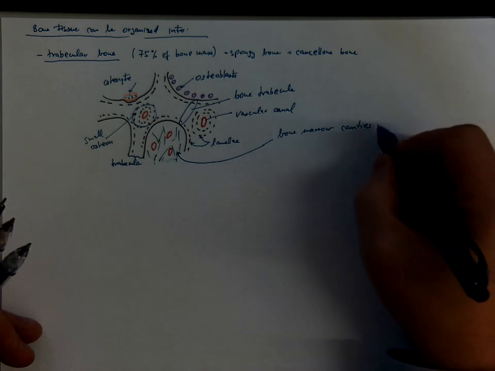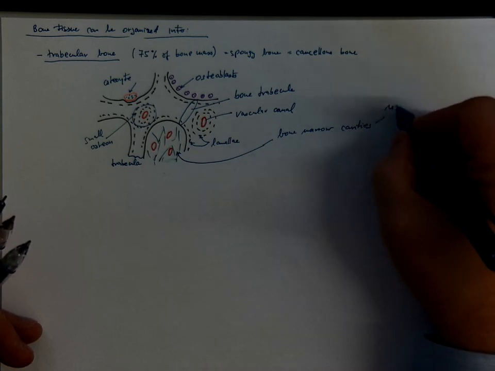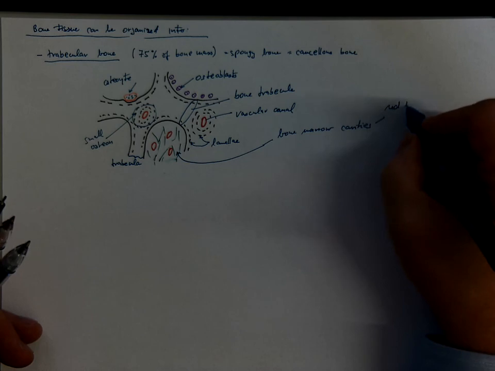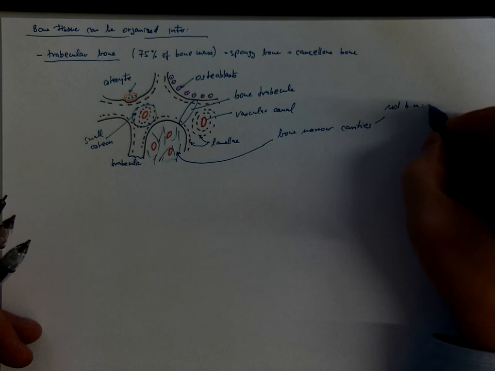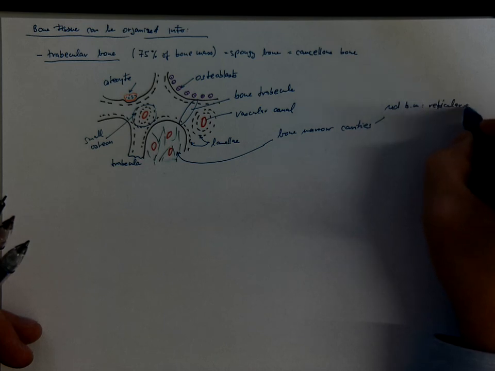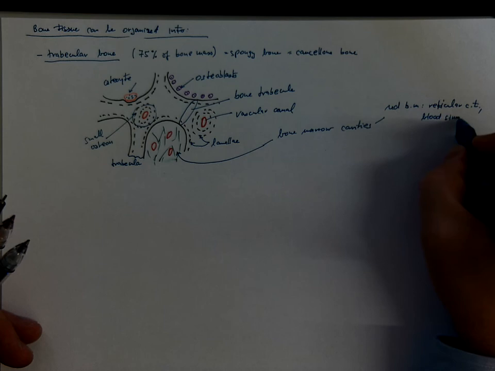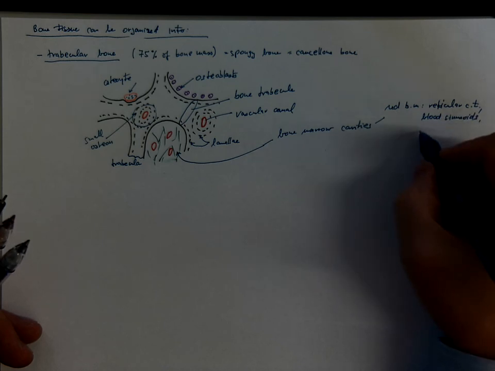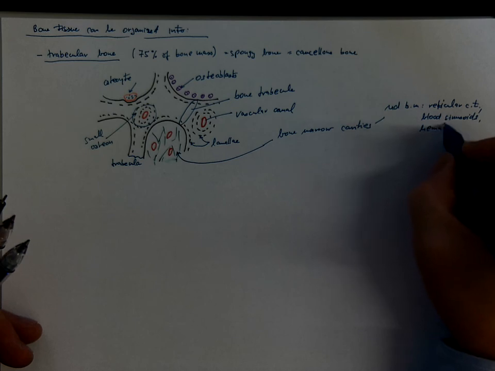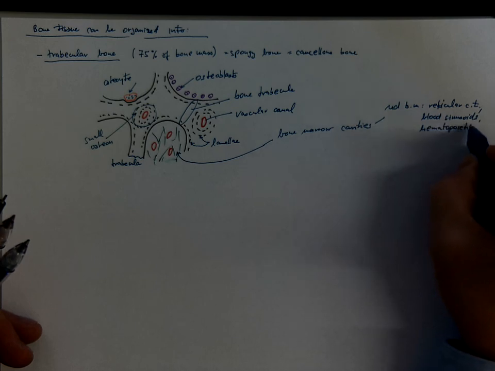For now, we can distinguish the red bone marrow, which is made of reticular connective tissue, with dilated blood capillaries called blood sinusoids, which are highly permeable, and hematopoietic cells.